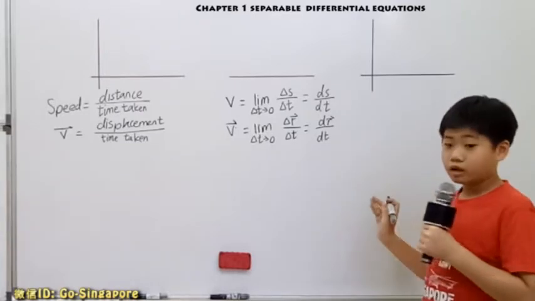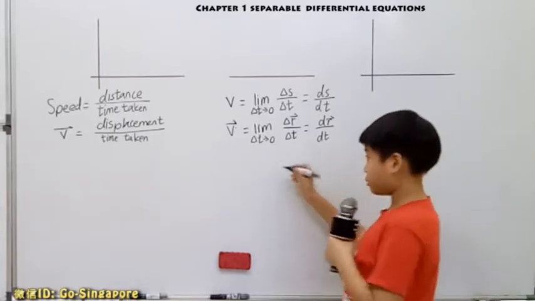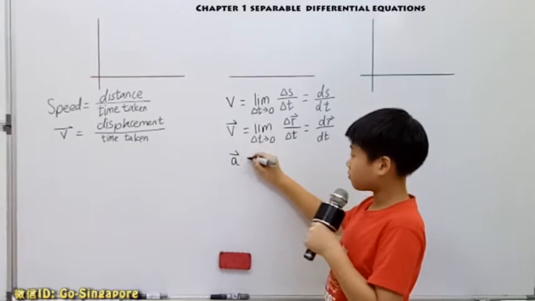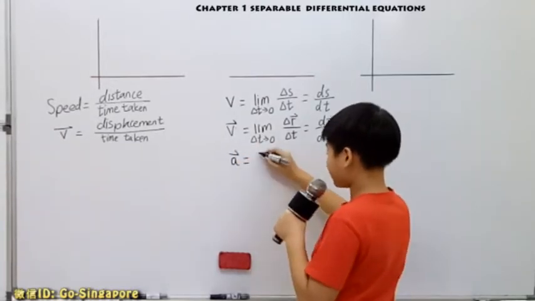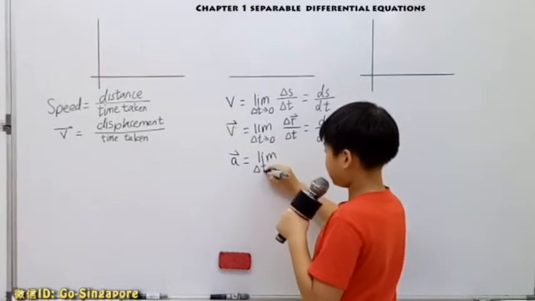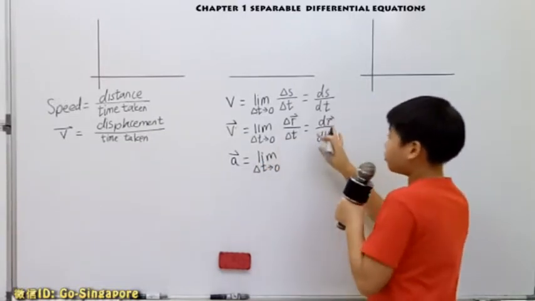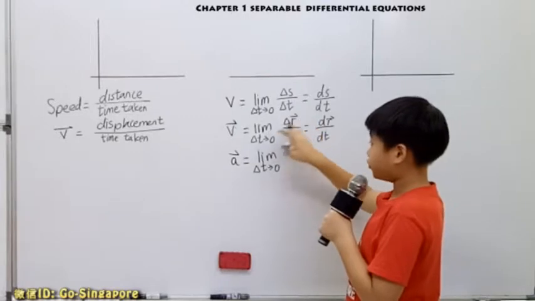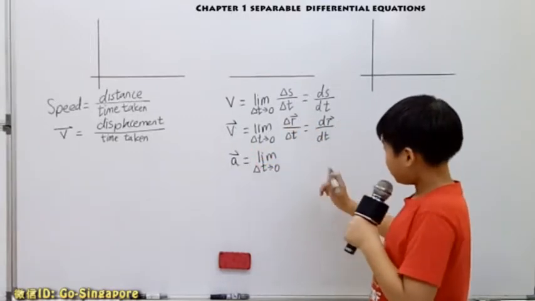What we really need to know is about acceleration. For acceleration, here is the limit as delta t approaches 0. So r here is replaced by v, so actually v is for a.